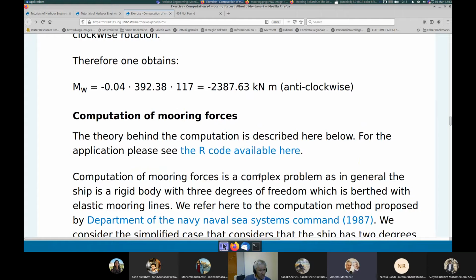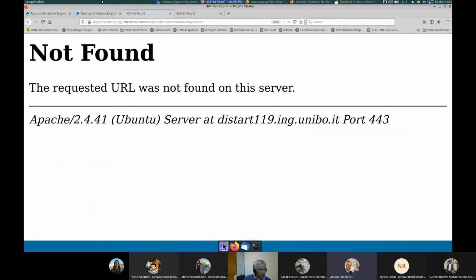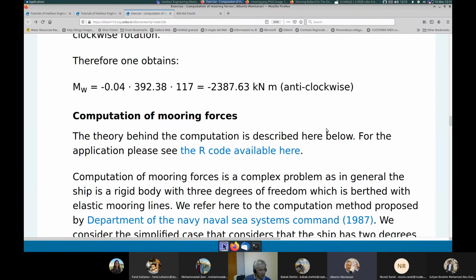Let me see if maybe not found as well. Okay, let me check where the code is, and let me check in the other web page. But I think that if it's not available on the mirror, probably it's not available even here. But let me check. And yeah, it's available here.